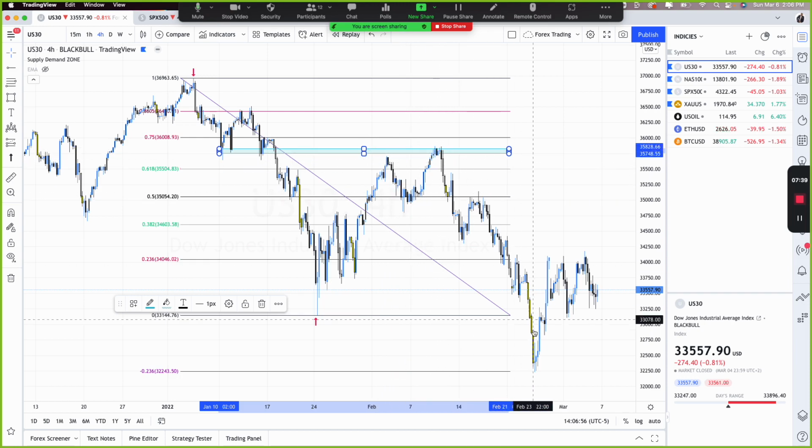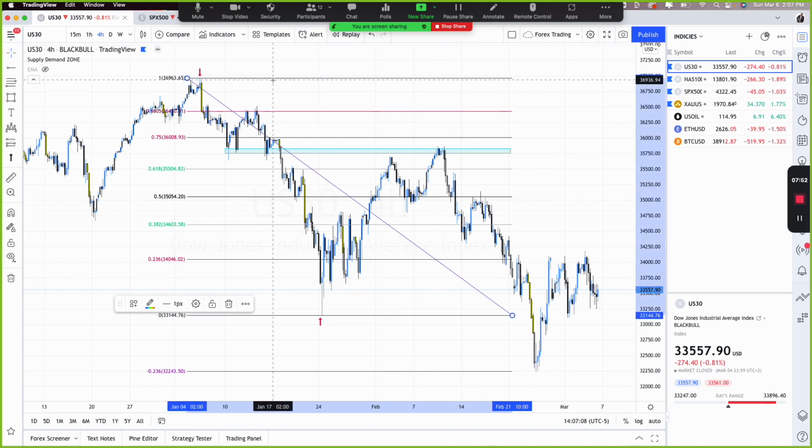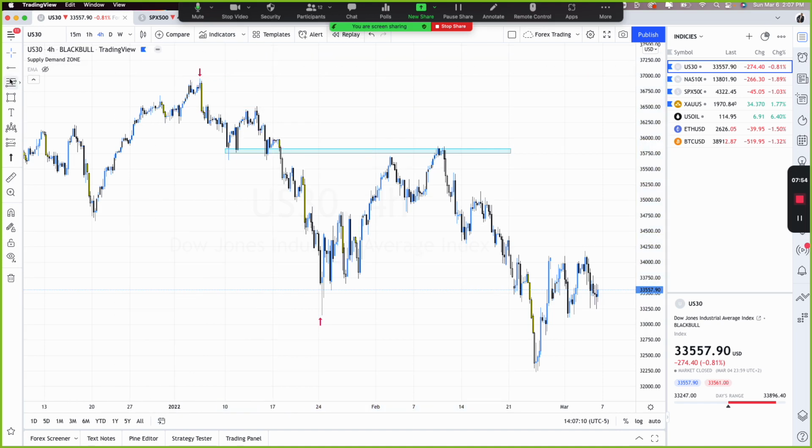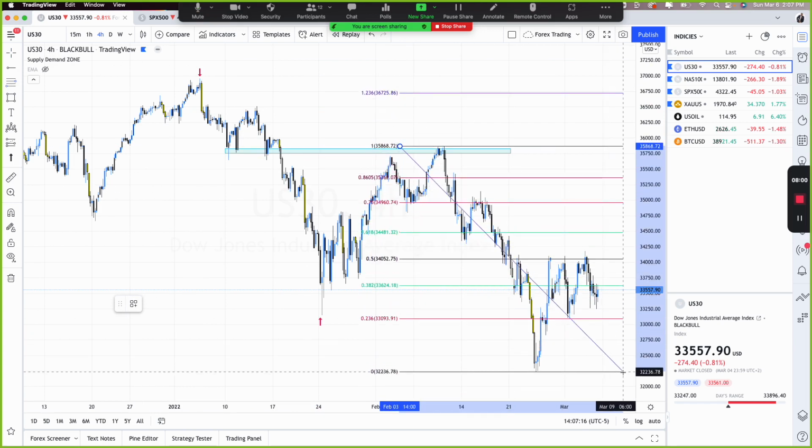Here's the next high, here's the next low. Again, swings. This low is lower than this low. So I'll remove that, I'll do it again. Let's go from here to here.